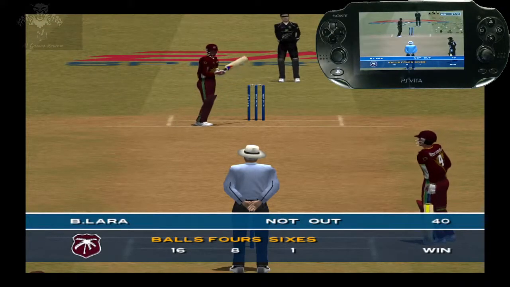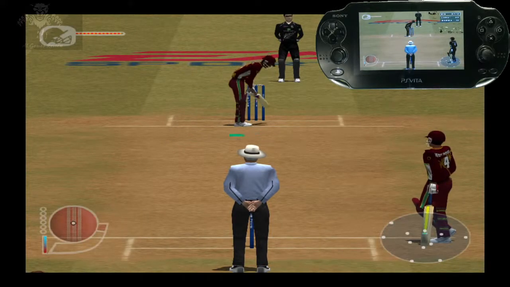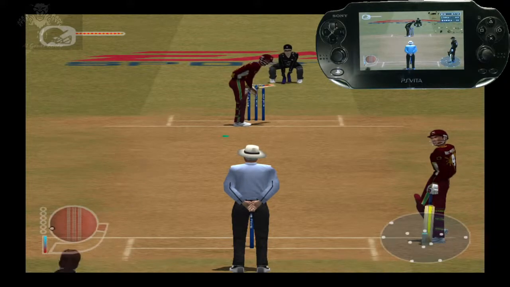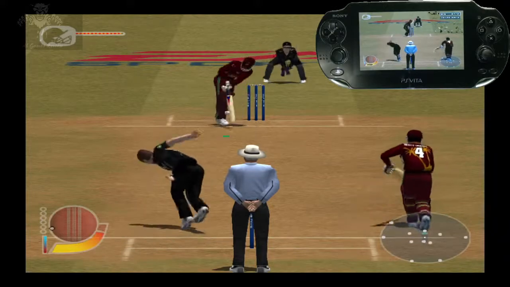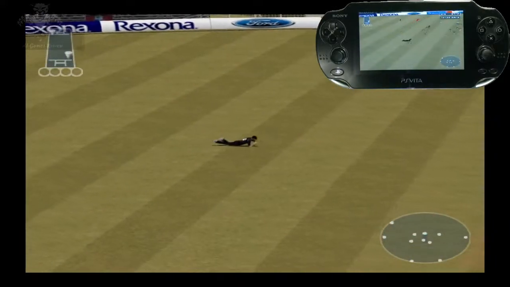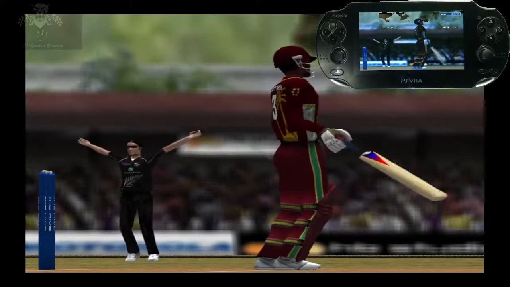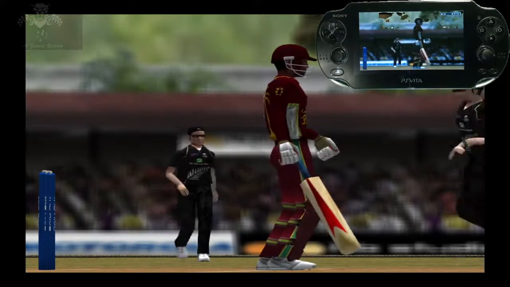Lara facing. Comfortably held by Tuffy. Superb stuff. What a catch. That'll give his team a huge boost. Cairns gets his second wicket.